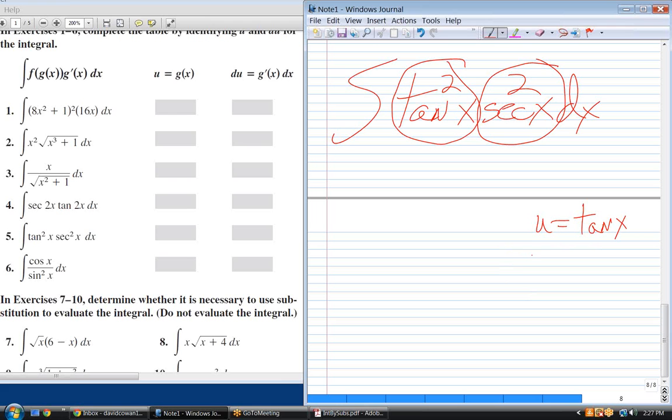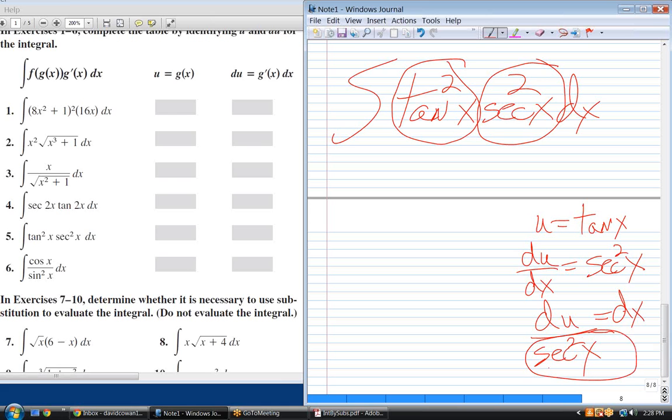Now let's work through it. I'll show you exactly why. du dx equals secant squared x. So dx equals du divided by secant squared x. Here's this thing in the denominator. That's all we need. It's going to cancel out with that secant squared x.